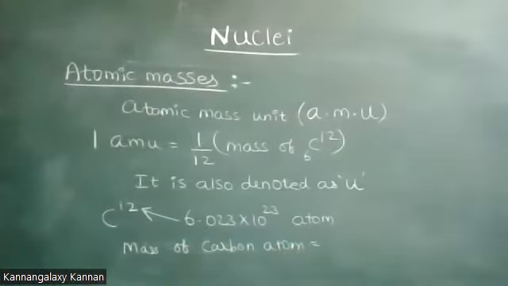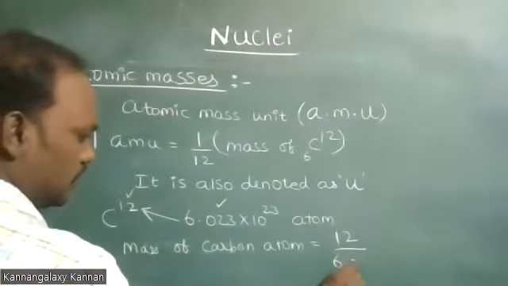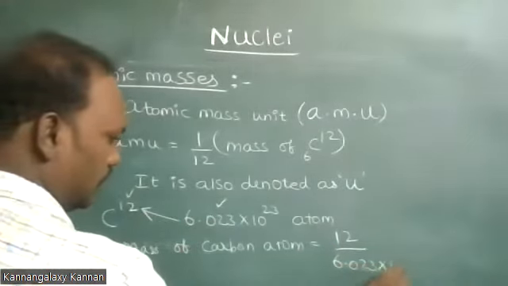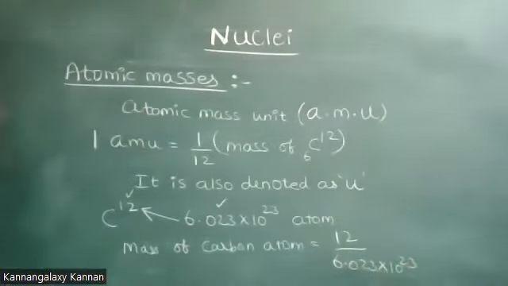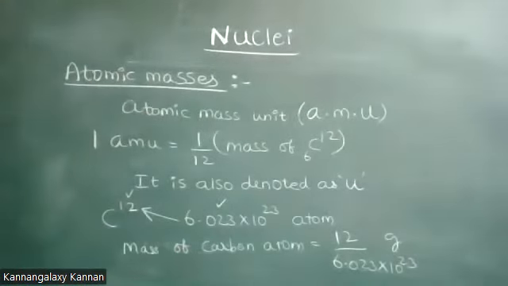For 12 grams, this many atoms. For one atom you take this value to the denominator, so you get 12 by 6.023 × 10^23 grams. This is the mass of one carbon atom.